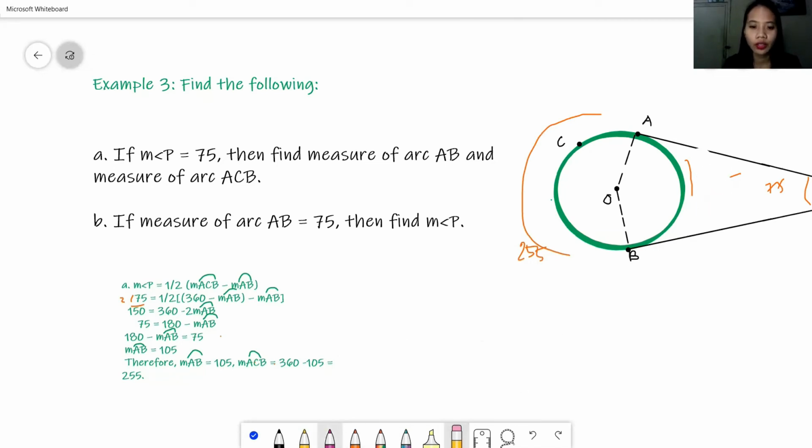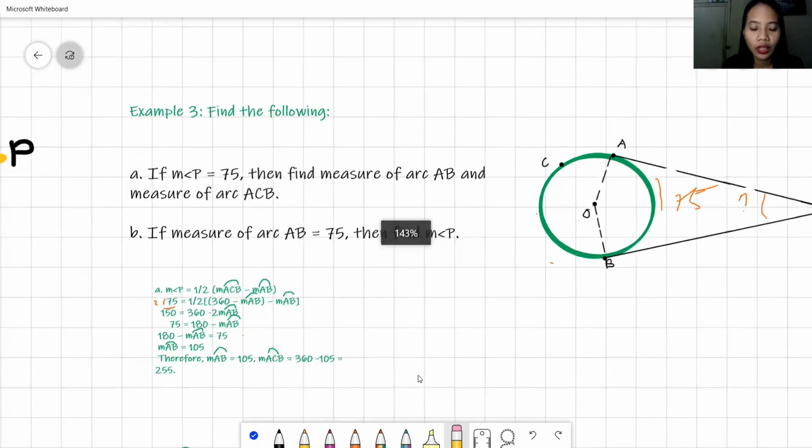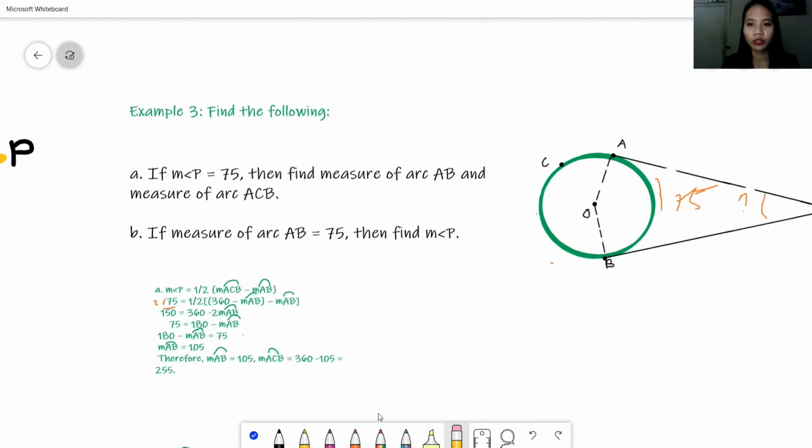This one is 75. Now let us find our angle P. To find the measurement of the angle, we need the two values of the arcs. Here we don't have the value of one arc.